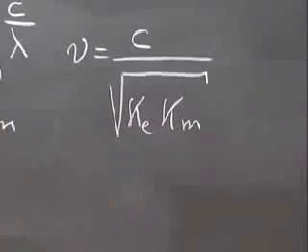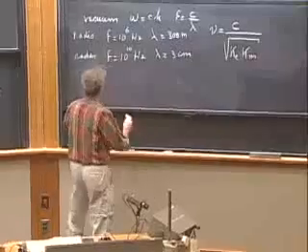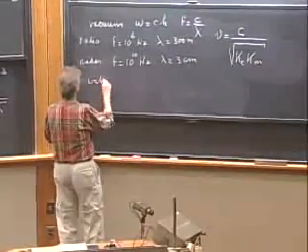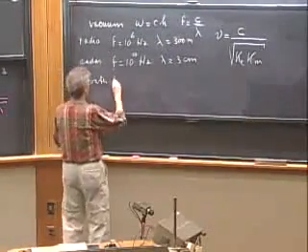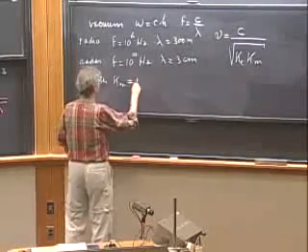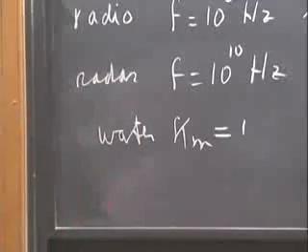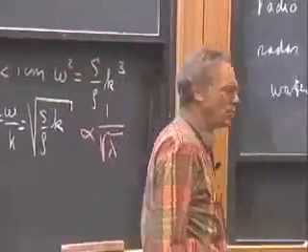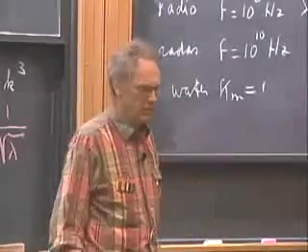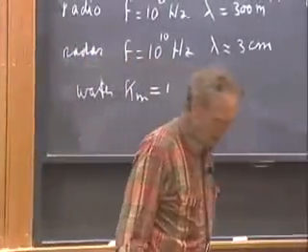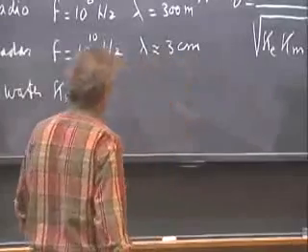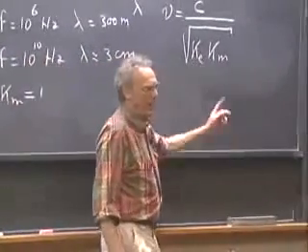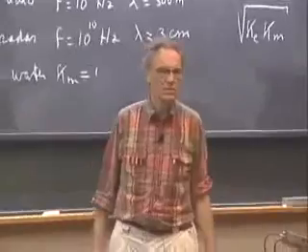So if I take water as an example, for which kappa M is very close to 1, because water is not a ferromagnetic material, and all materials that are not ferromagnetic have a kappa M, relative permeability, very close to 1.0000. So forget kappa M now, but I'll show you the enormous frequency dependence of kappa E, the dielectric constant.